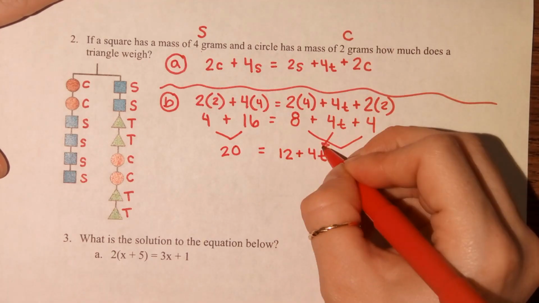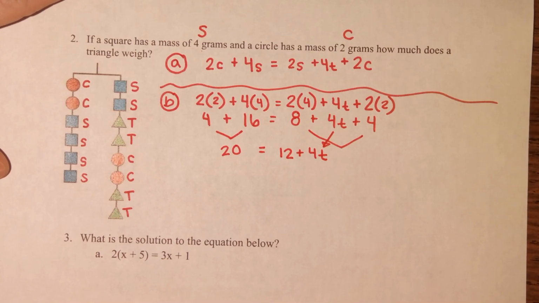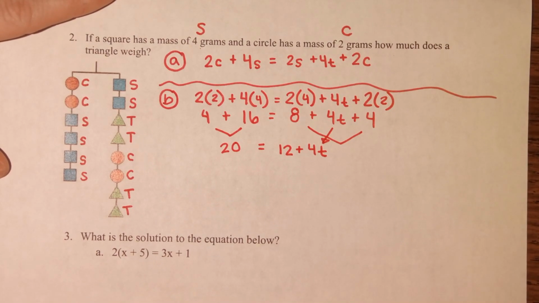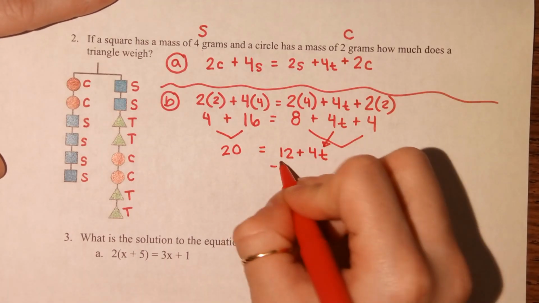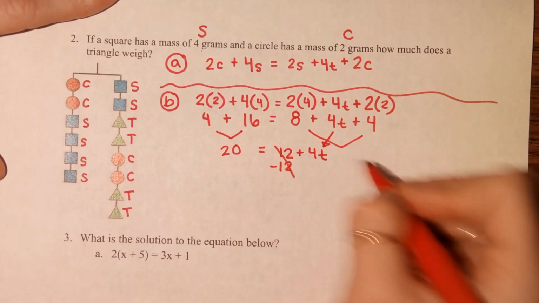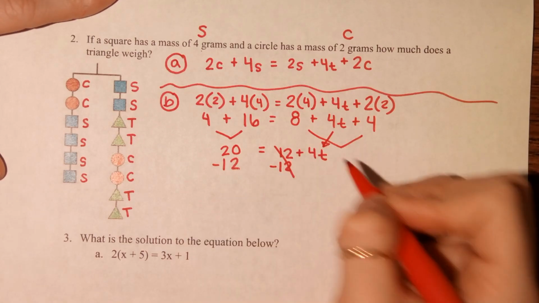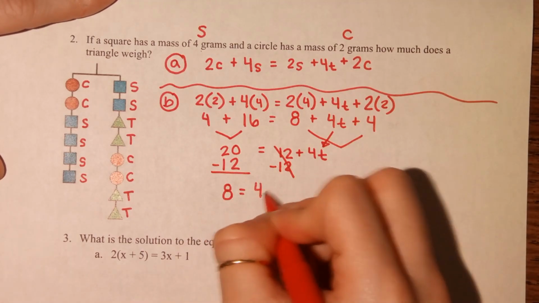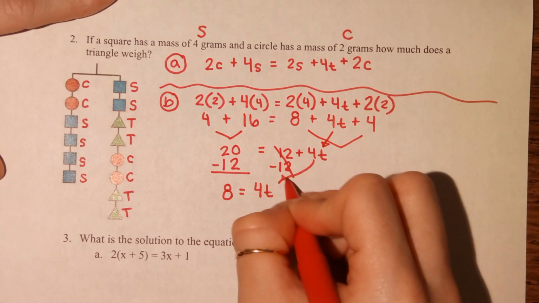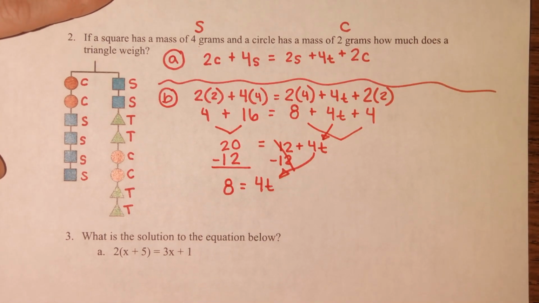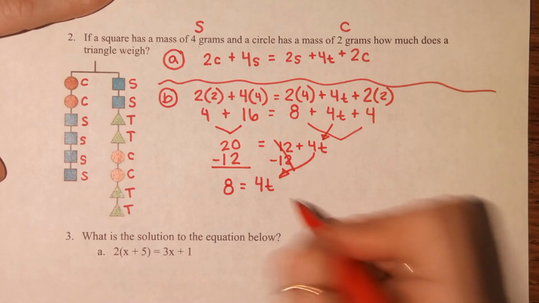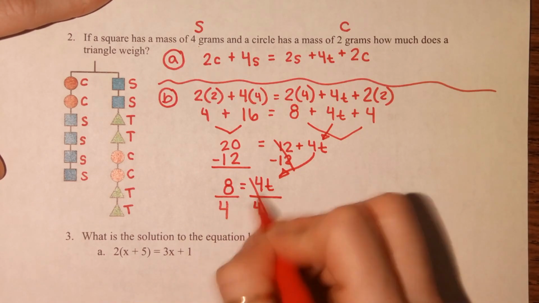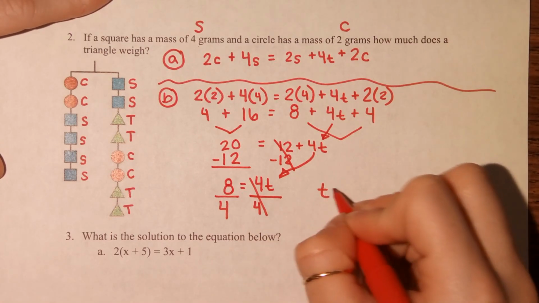Now I want to get my variable alone on one side of the equation, so I'm going to subtract 12 so that I can cancel that out. And this ultimately gets me 8 equals 4T, because again, we just bring it down. And now, to get my T completely alone, I'm going to divide by 4 to cancel it out. And my T equals, 4 goes into 8 2 times.